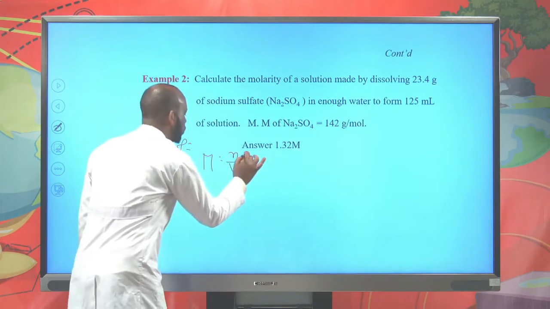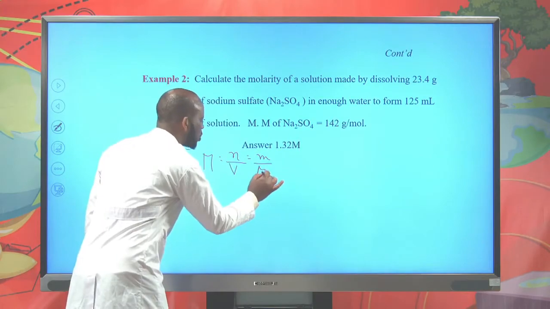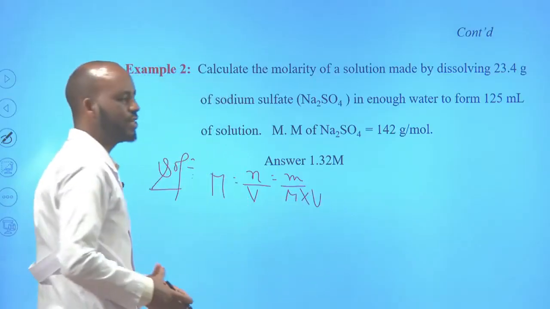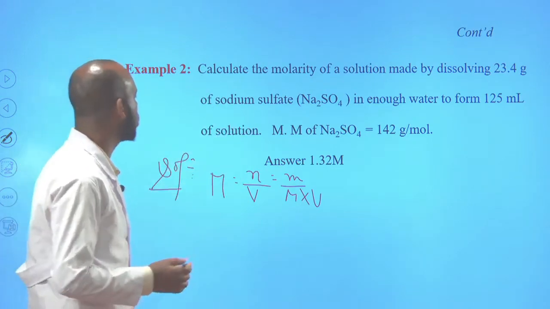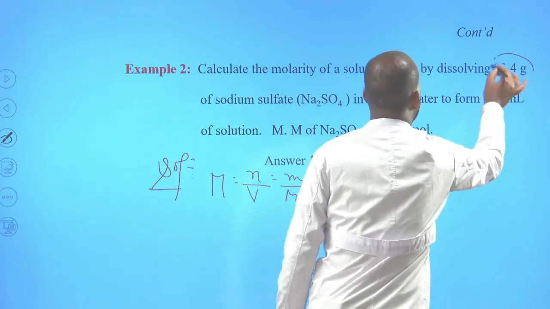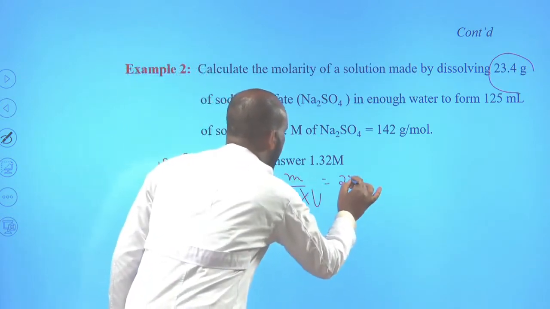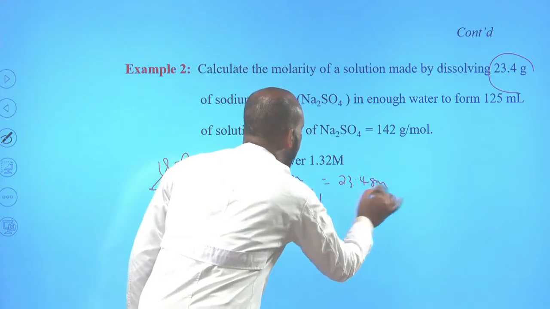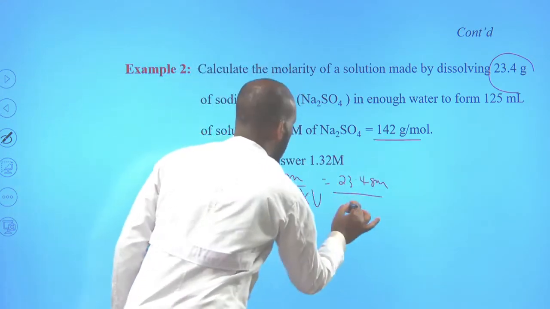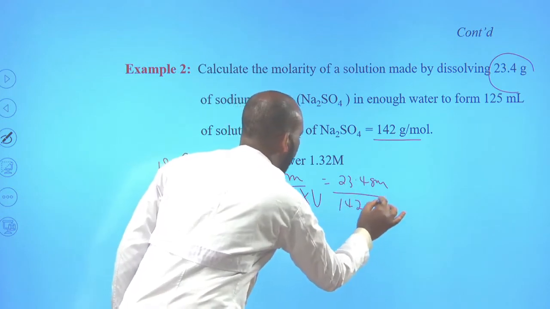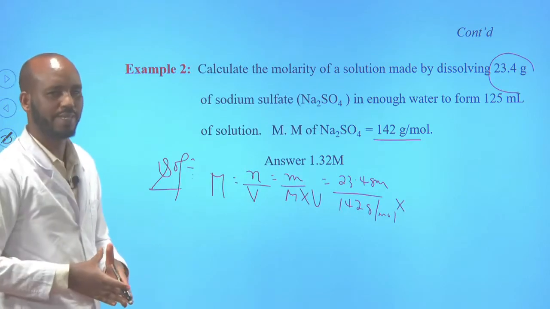But the number of moles of solute is the mass of solute divided by the molar mass of the solute. Mass of solute is 23.4 gram of sodium sulfate, divided by molar mass of 142 gram per mole, times volume of the solution in liters.